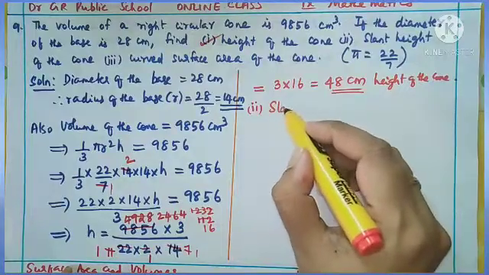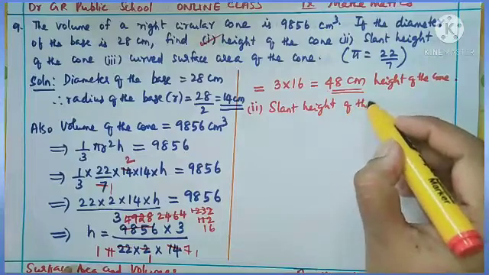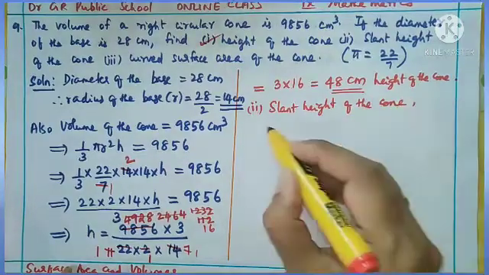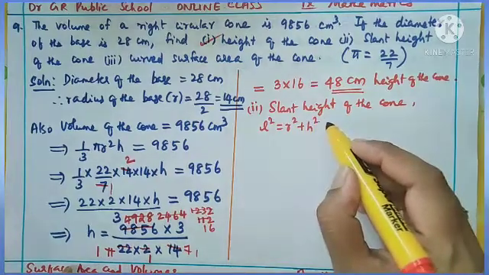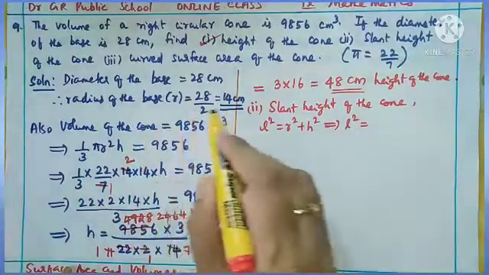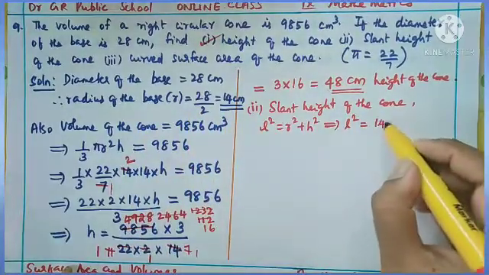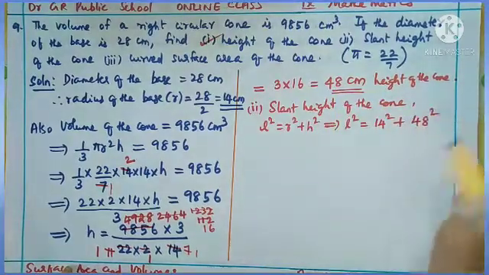So slant height of the cone, what is the relation we are having? L square is equal to R square plus H square. So that implies L square is equal to R square. Radius is 14, so 14 square plus H we found now, 48 square. Okay.